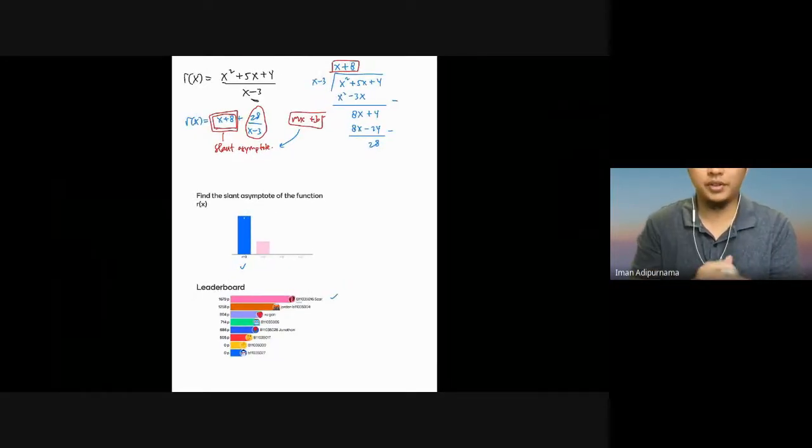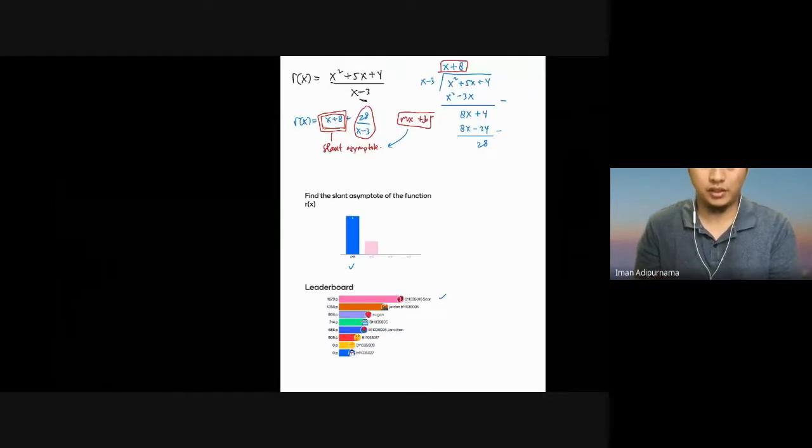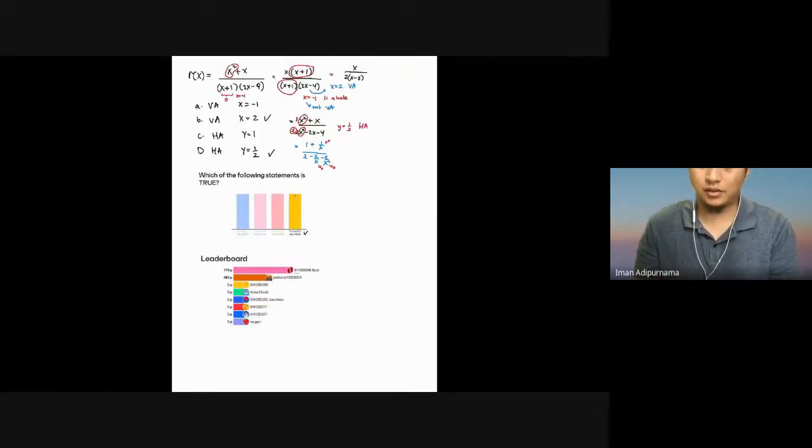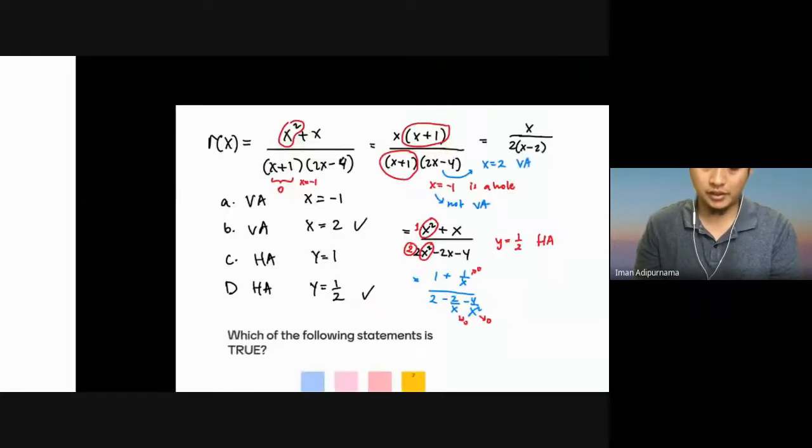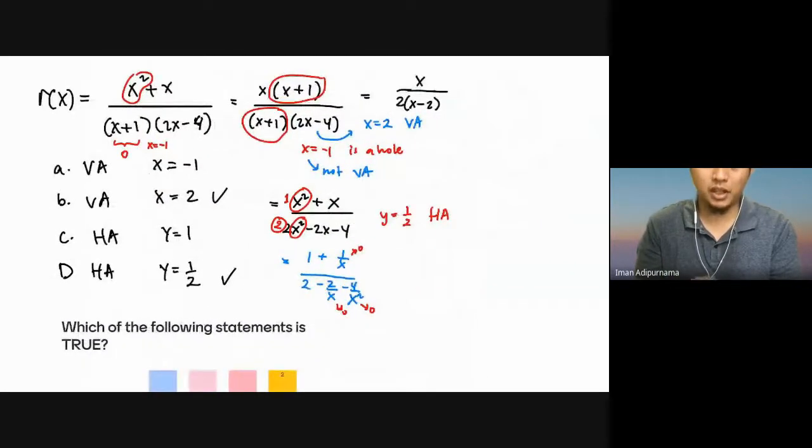Any questions from these two? I hope not. It's not too difficult, right? But you need to remember about the common factors. If you have a common factor, there will be a hole in the graph, not a vertical asymptote.